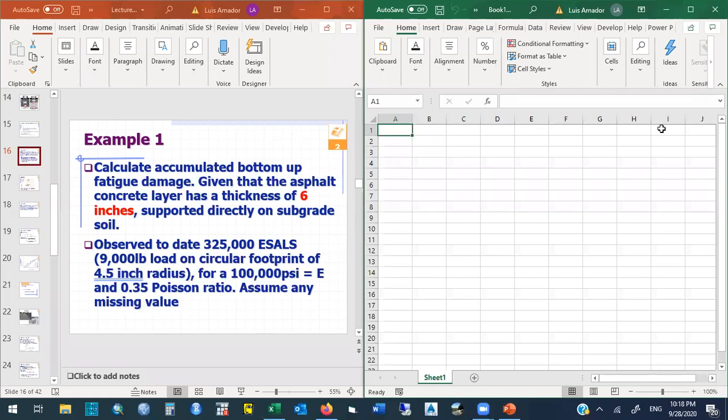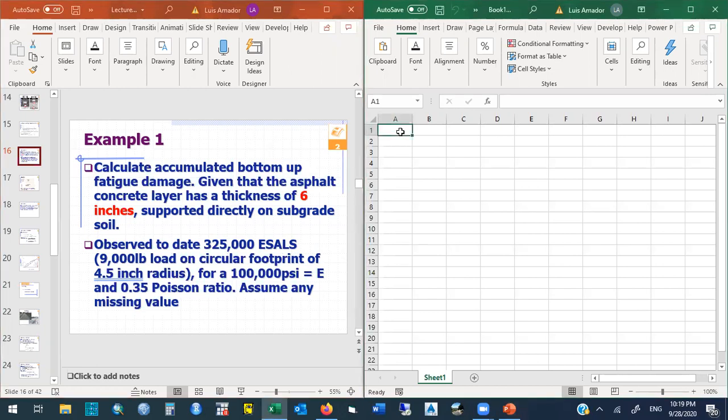So the lower the Poisson ratio, the less deformable. The higher the Poisson ratio, the more deformable. This is a not very good quality asphalt, right? You would prefer 0.25, 0.2, 0.15, but I'm giving you 0.35 to inform. You will see the role exactly in the question coming in a moment.